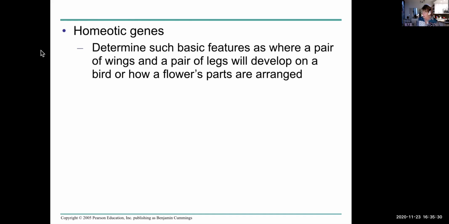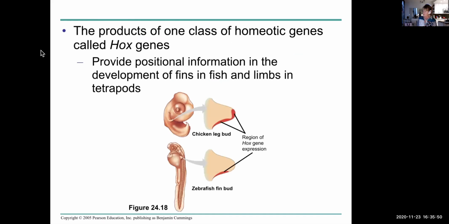Genes can also alter the placement and organization of body parts, and that is by a set of genes known as homeotic genes. They determine such basic features as where a pair of wings or where a pair of legs will develop on a bird, or how a flower's parts are arranged. So it's a spatial arrangement. And one class of those homeotic genes are called Hox genes.